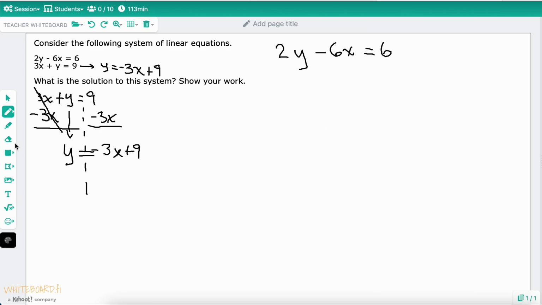So what I want you to know is I already know that y is negative 3x plus 9. So that means I'm going to erase this and substitute it with minus 3x plus 9. I'm going to need a little space there.